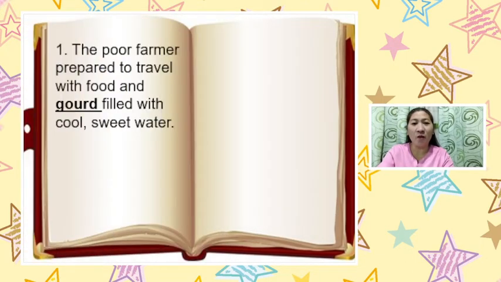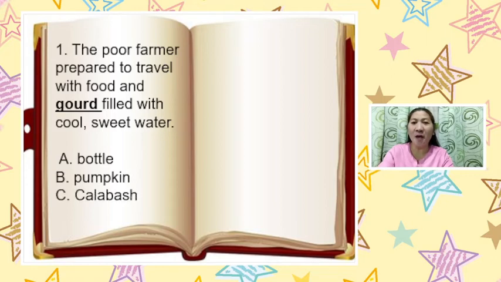The poor farmer prepared to travel with food and gourd filled with cool, sweet water. What does gourd mean? Is it A, bottle, B, pumpkin, C, calabash, or D, melon? The correct answer is A, bottle.